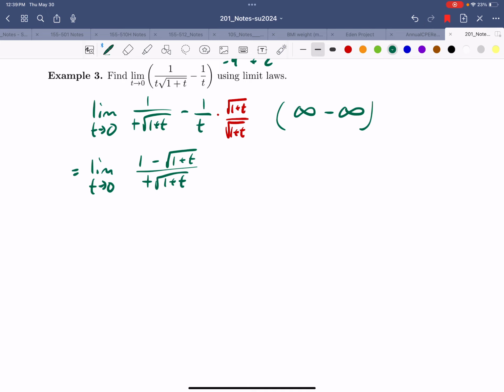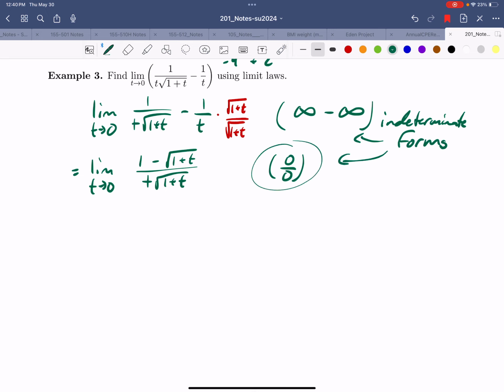From there, if we try to plug in t equals 0, we get 0 over 0. You'll see why in a sec. We get 0 over 0. Another indeterminate form, annoying. Yes, both of these right here are indeterminate forms.